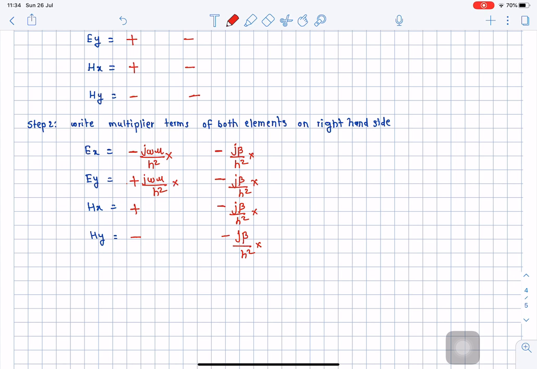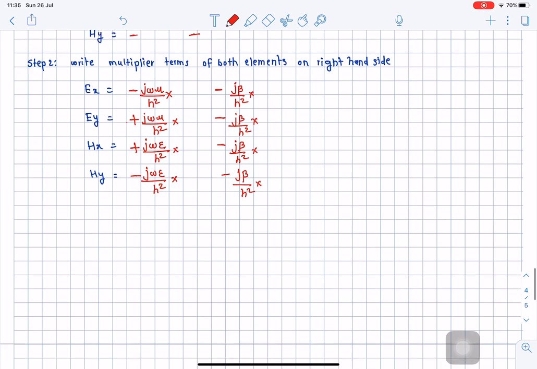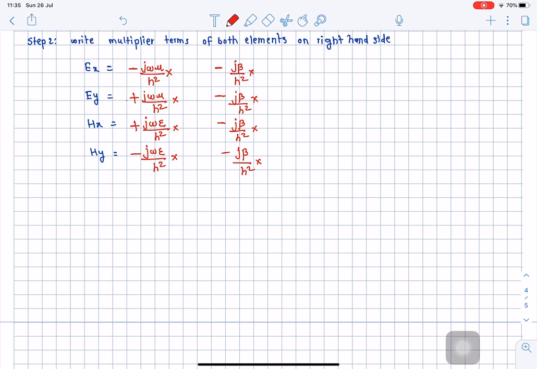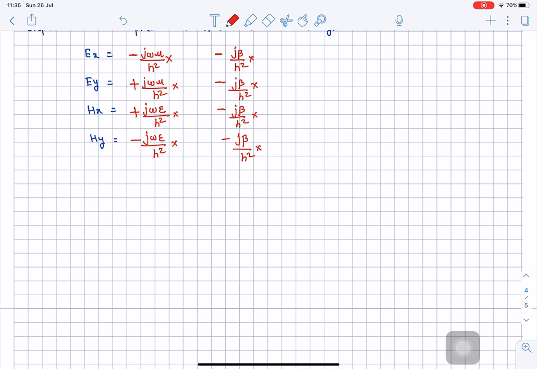For the magnetic field you only replace mu with epsilon, j omega epsilon upon h square. Rest of the things are the same. So the second step is over. Now the third step.